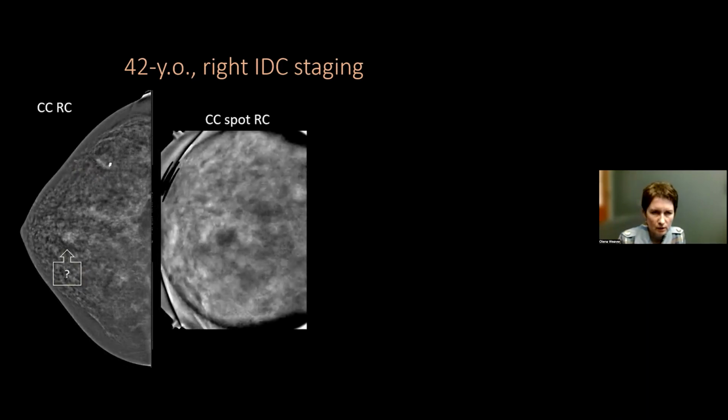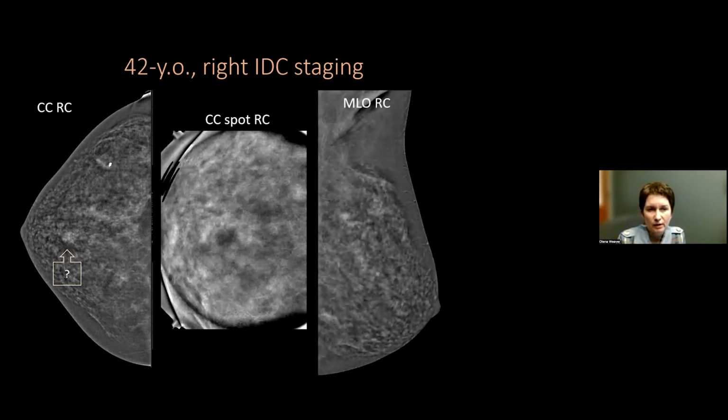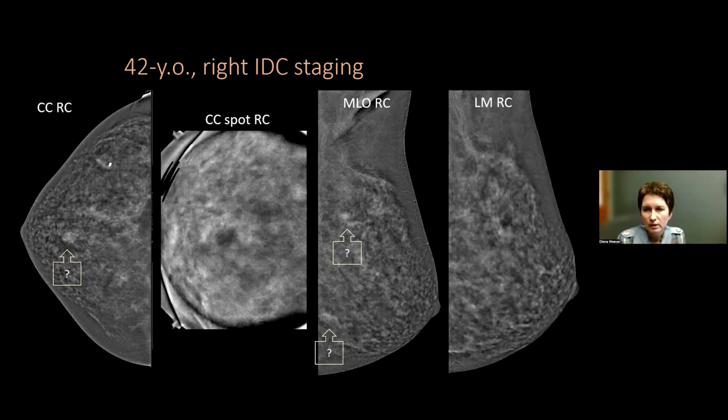So we did a spot compression view, which you can do with CEM. Didn't really see anything there persisting. There was nothing really on the MLO views, which I'm not showing here, but I am showing here some additional possible findings. On a left MLO, is that a real finding? Is the upper breast asymmetry a real finding? We did the lateral.